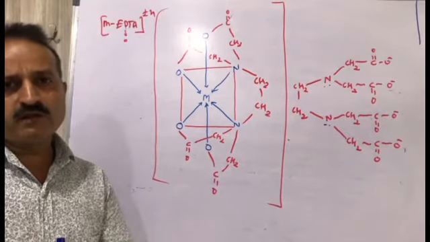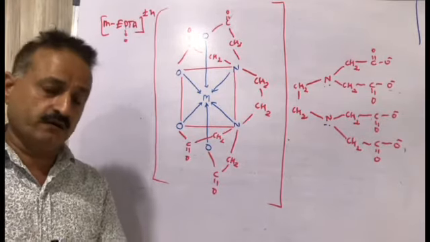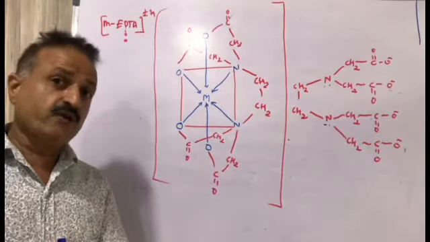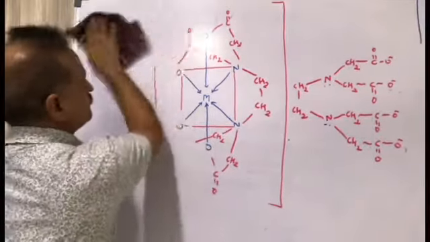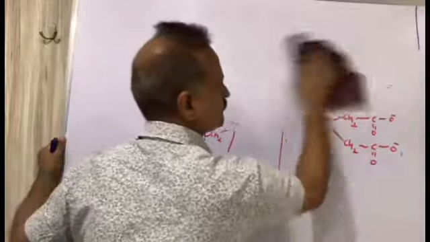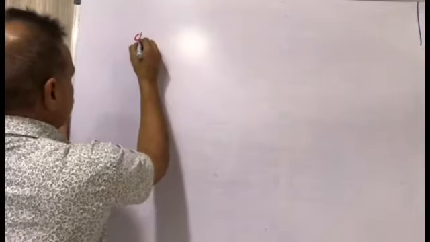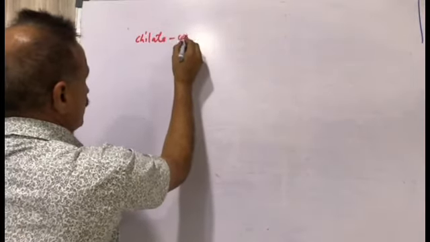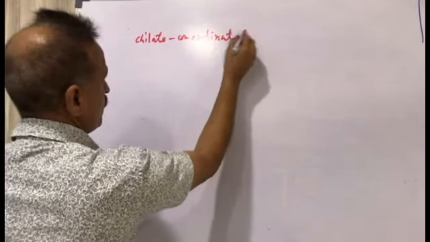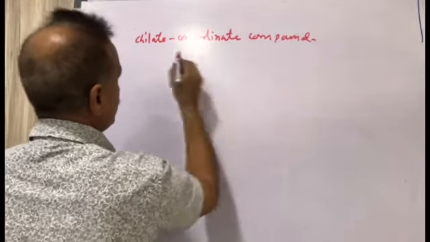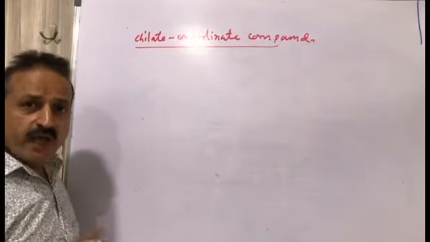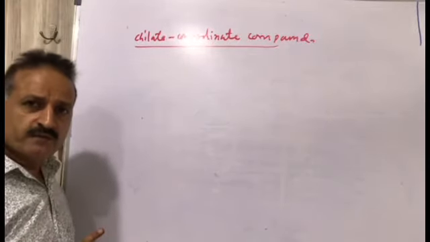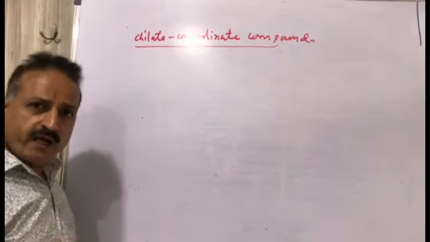Now we are going to discuss chelate coordinate compounds. What is a chelate coordinate compound? Let's see. Chelate coordinate compound: polydentate ligands, except unidentate ligand.